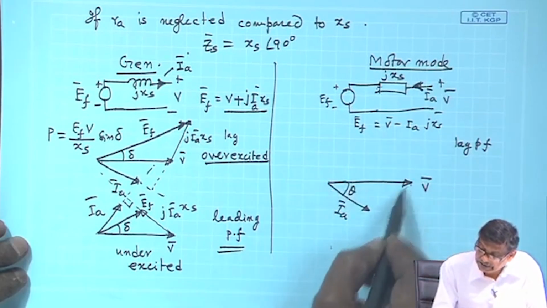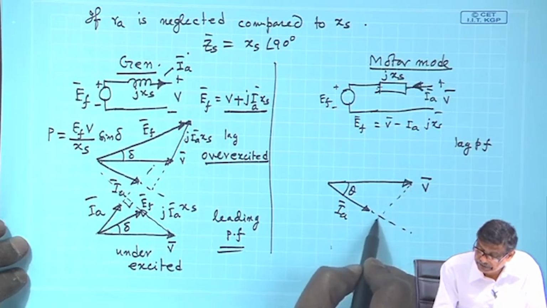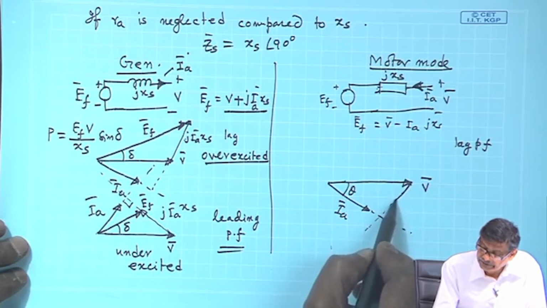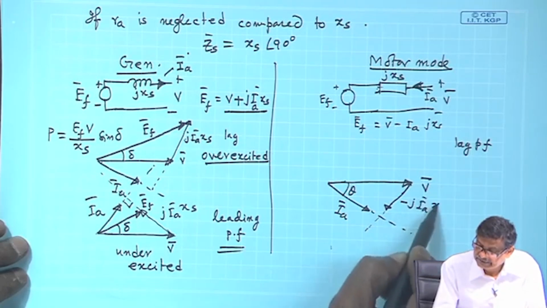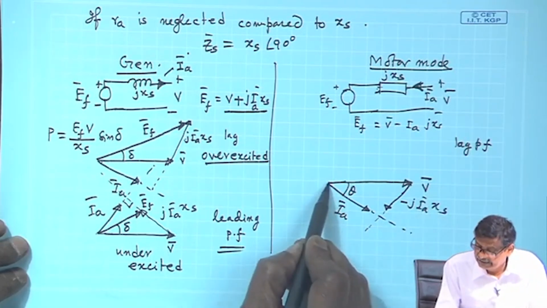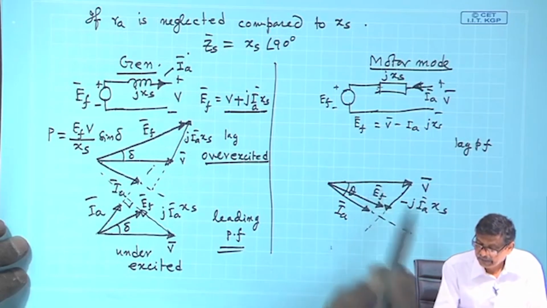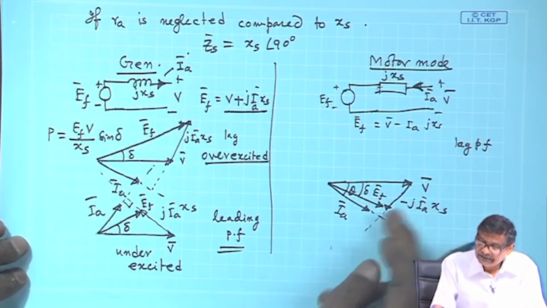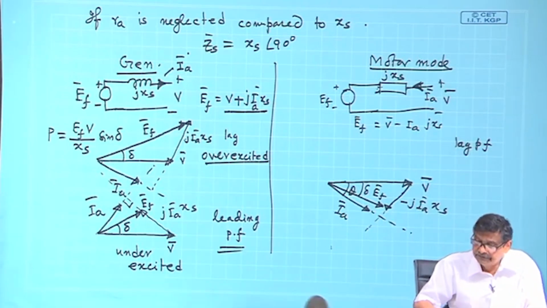So, negative of that. You should draw a line perpendicular to this, and this length will give you minus J I A X s, and this fellow will be your E f, and this angle will be delta. E f will be below V, everything will be in place if this convention is followed.